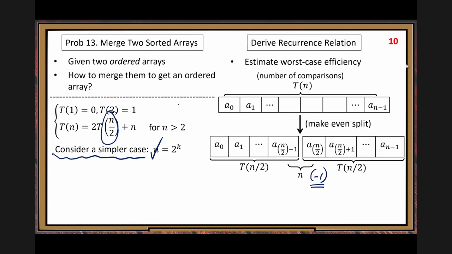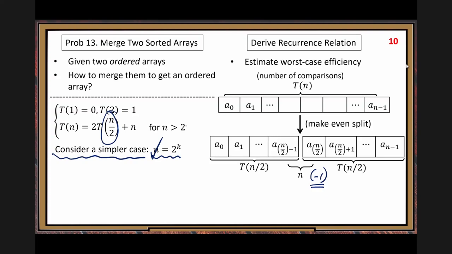So the easier option, n is an even number. But because we need to do recursion again and again, every time we want that n even. How can that happen? If we make this assumption, n is a power of 2, then every time we do n over 2, we get an integer, right? So this type of n, a power of 2, is the best we can imagine.